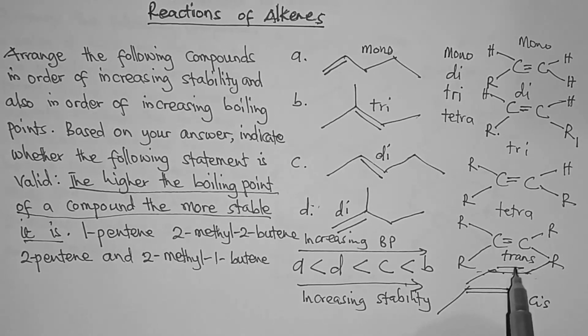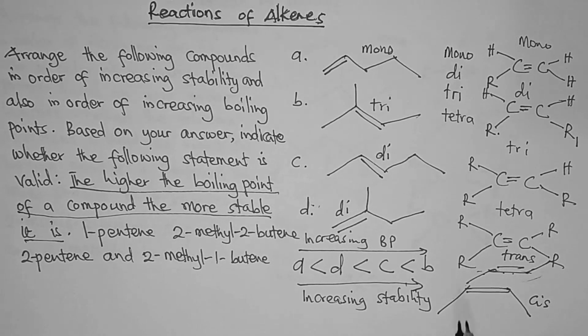Because the dipole moments cancel out, trans-2-butene behaves like a non-polar molecule, and non-polar molecules are held by weak van der Waals forces, so trans-2-butene has a low boiling point.